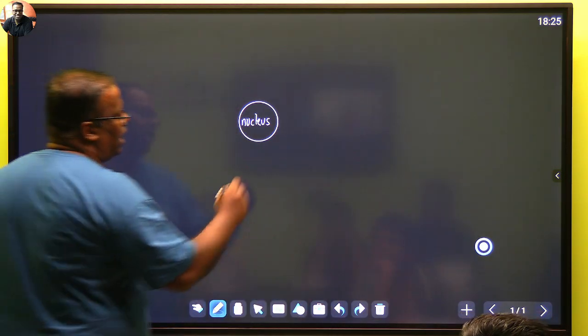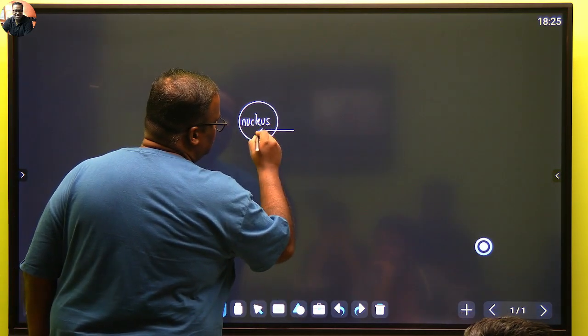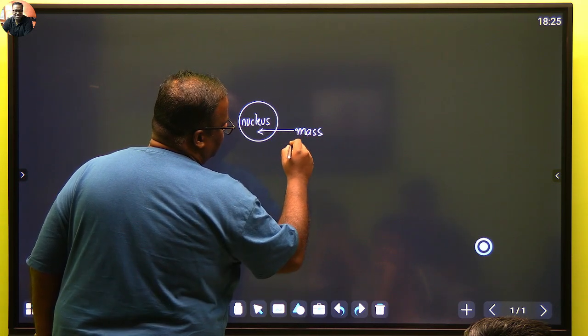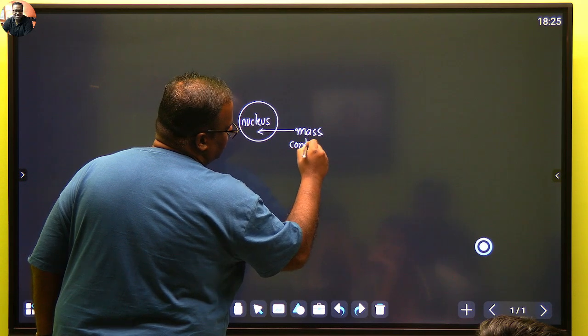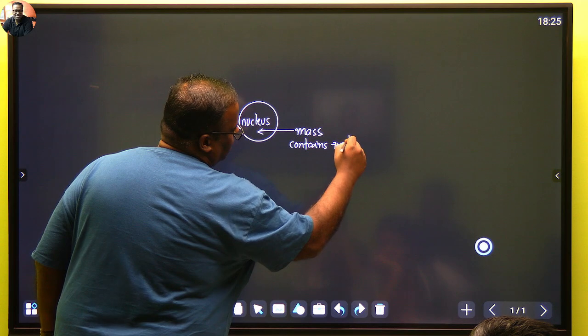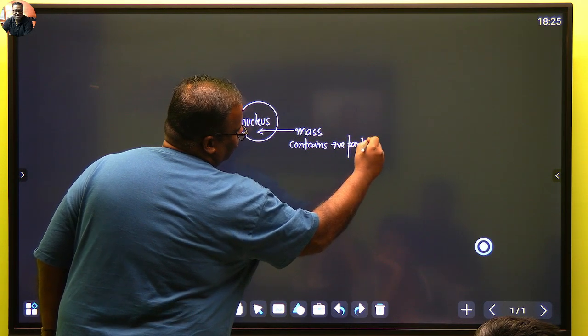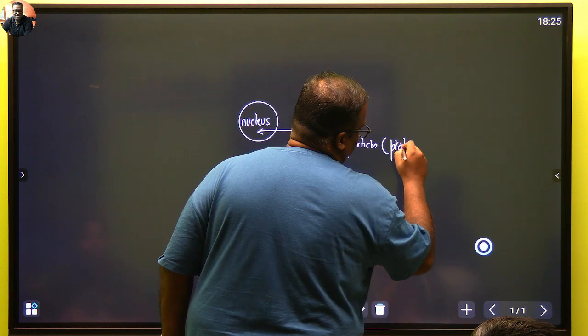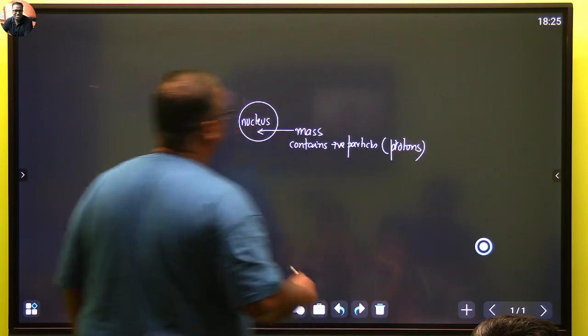Nucleus, and this nucleus is responsible for the mass of the atom, and it contains positive particles, which was known till date as protons. So all the protons are present in the nucleus.